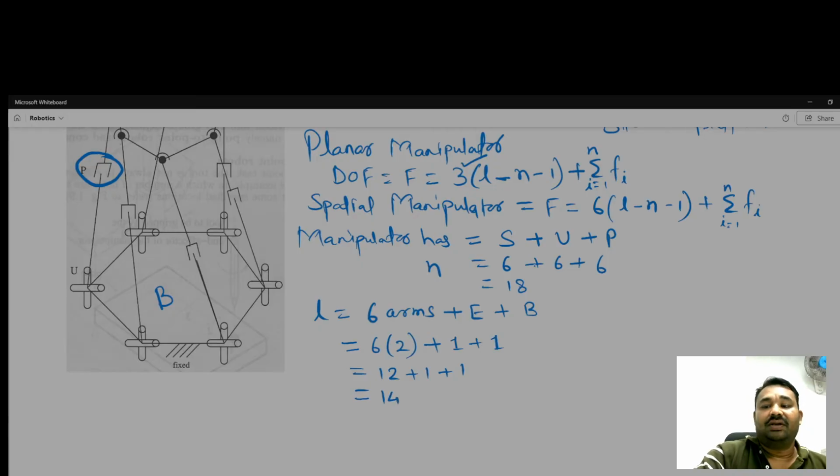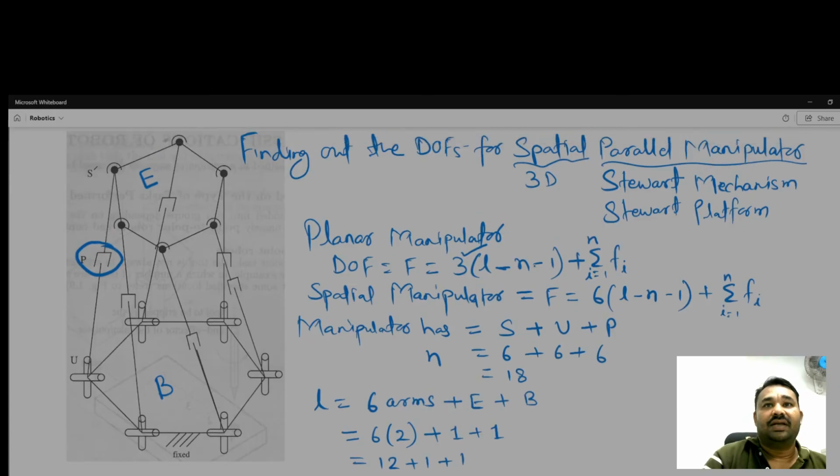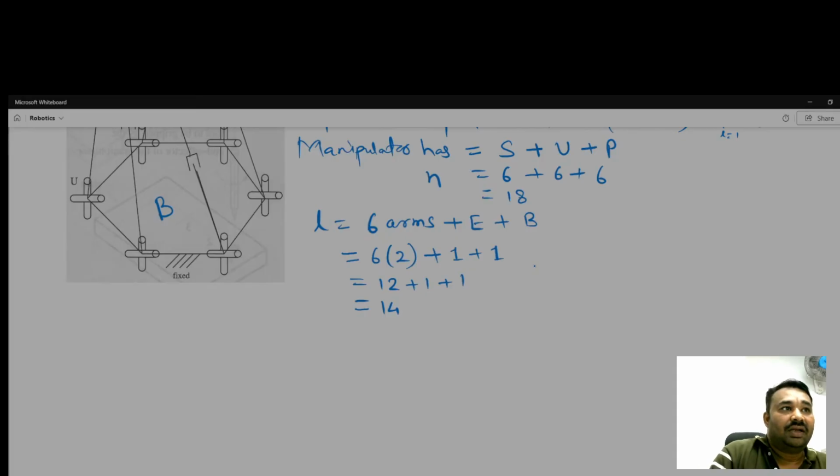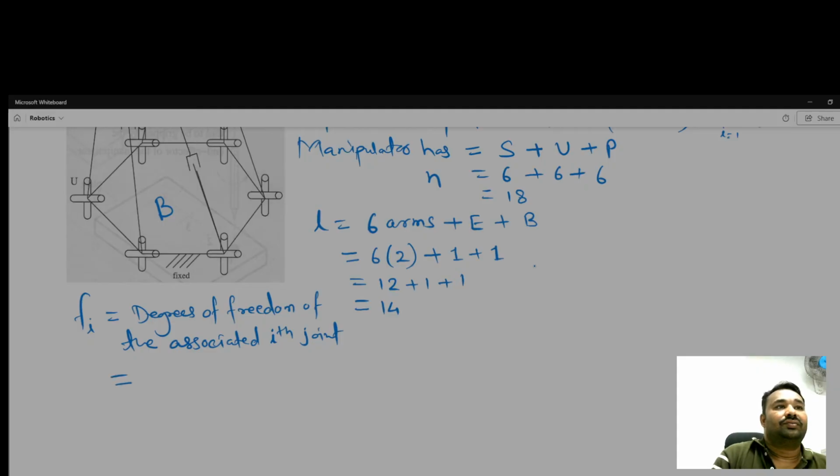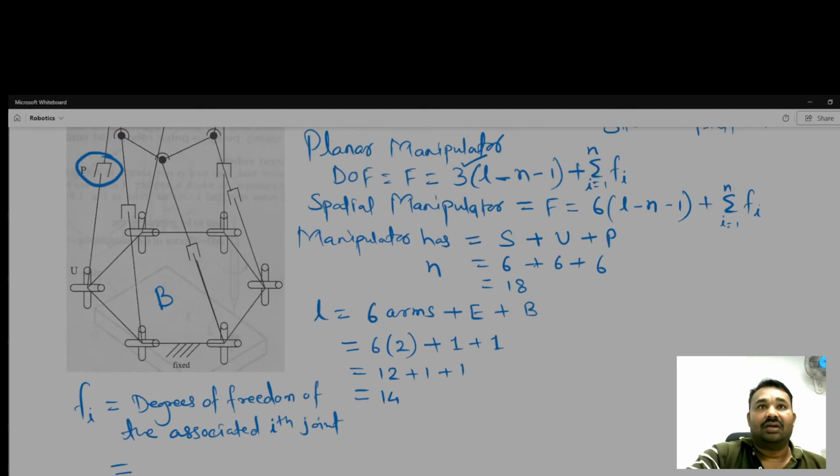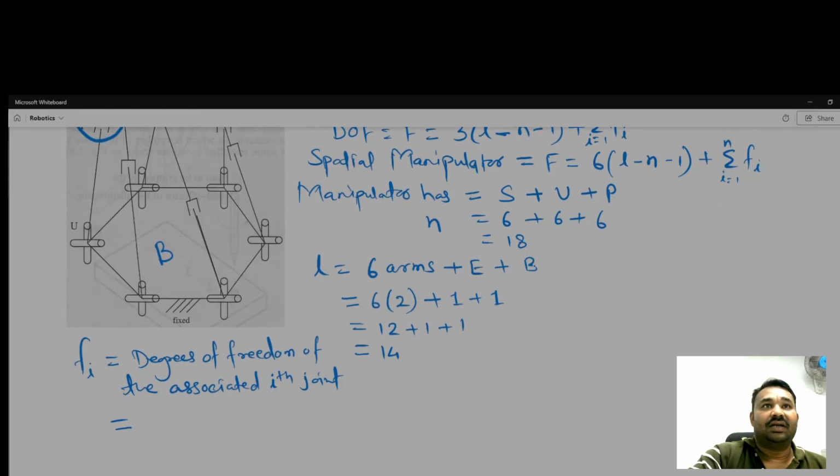Okay, and what about Fi? Fi is the degrees of freedom of the associated ith joint. So which kind of joints do we have?